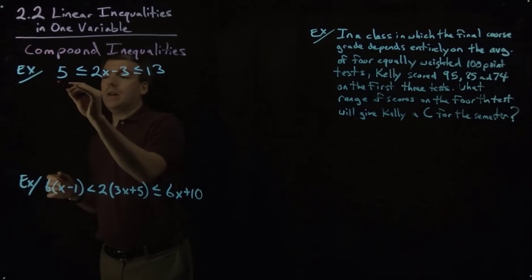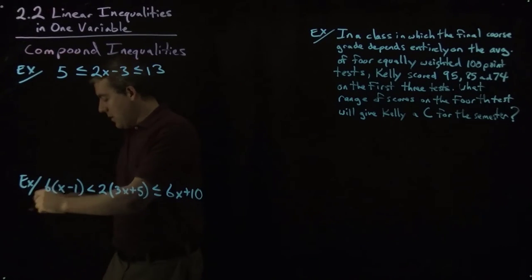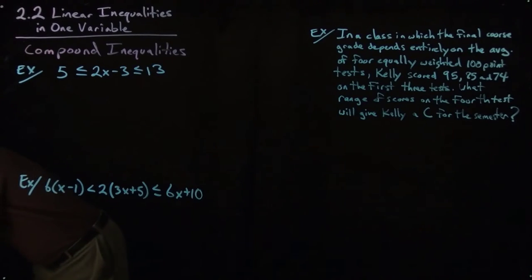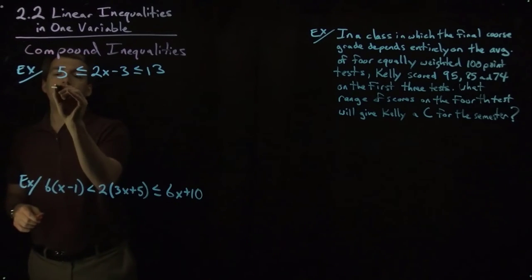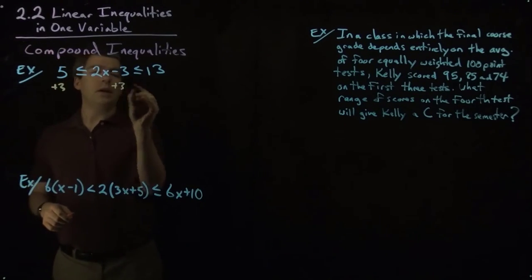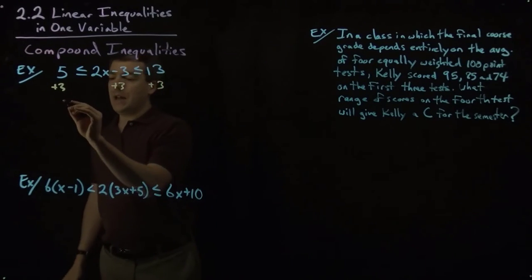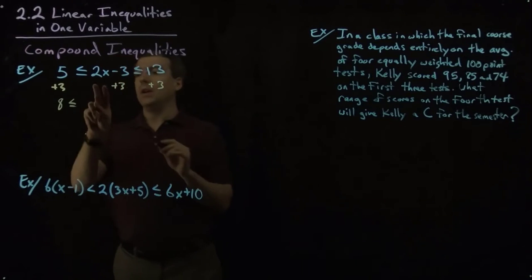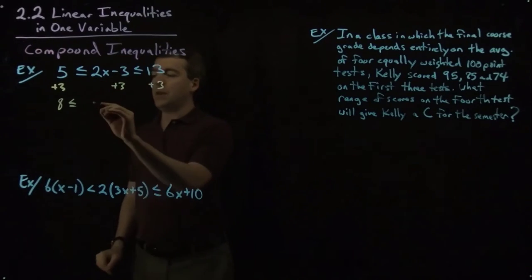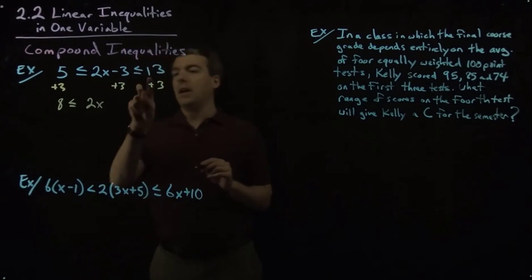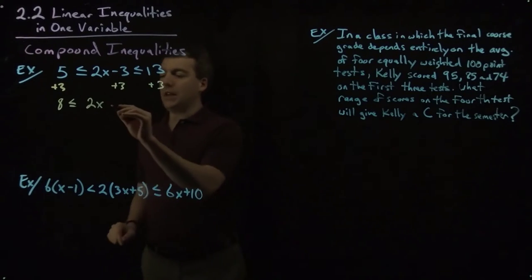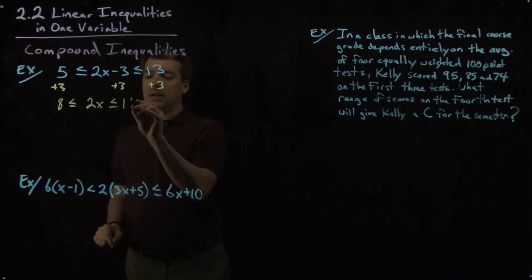We'll add the 3. Add the 3. Add the 3. Okay. So 5 plus 3 is 8, less than or equal to 2x minus 3 plus 3 would be 2x. And then 13 plus 3 is 16.